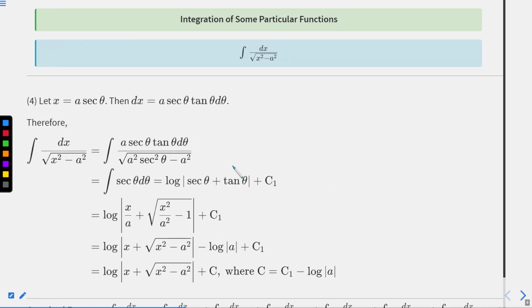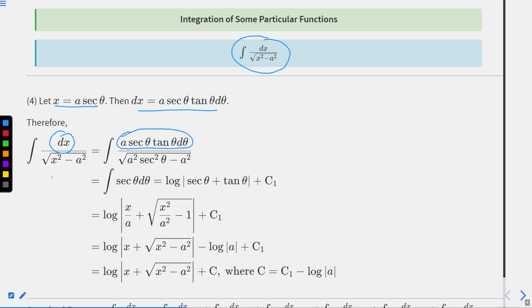Now, for this form, it is quite simple. Make the substitution that x is equal to a sec theta. This means dx will be a sec theta tan theta d theta. So this dx will now be replaced by a sec theta tan theta d theta.